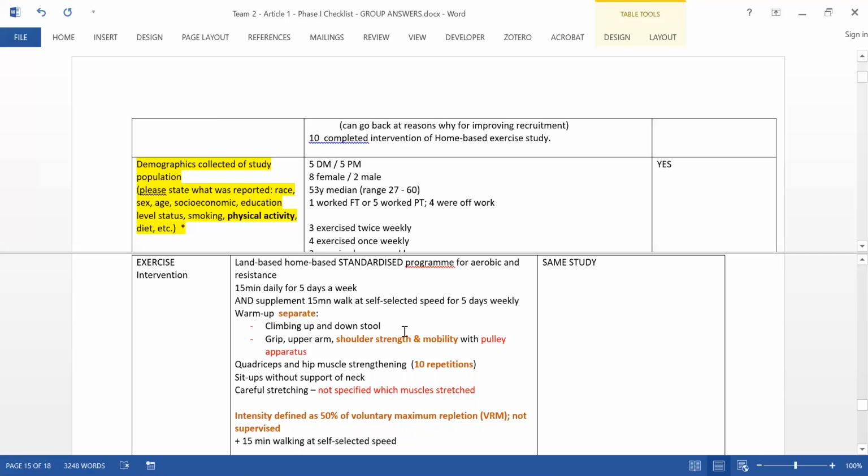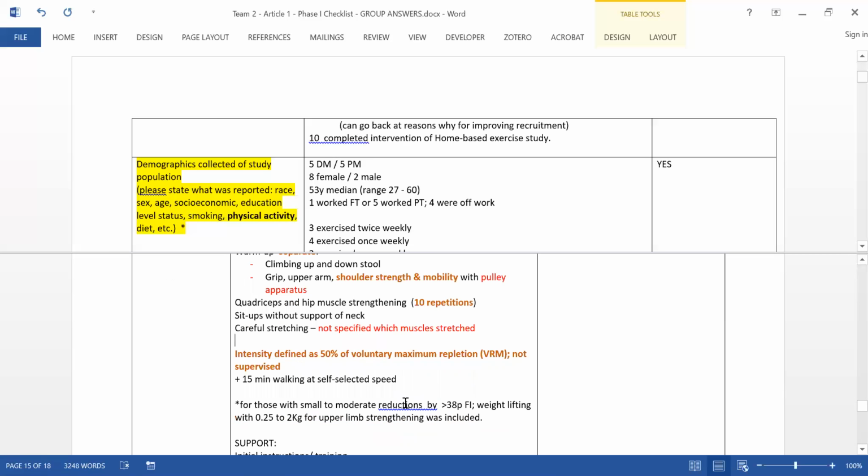There was a climbing up and down of a stool. There was a pulley apparatus whereby patients used a grip pulley to strengthen their grip, upper arm and shoulder. There were quadriceps and hip muscle strengthening exercises, about 10 repetitions, sit-ups without support of the neck, and careful stretching.